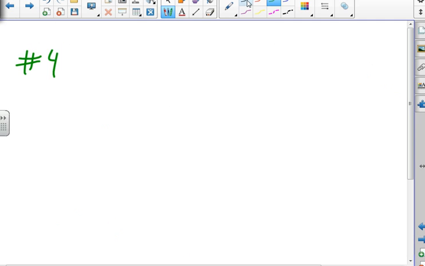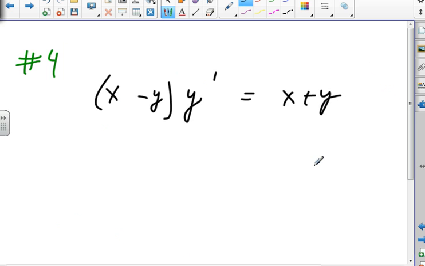Number 4. x minus y times y prime equals x plus y. And I look at that, and I try to figure out whether or not I can separate variables, or whether or not I can do anything at all.